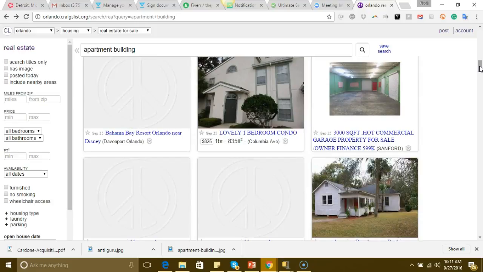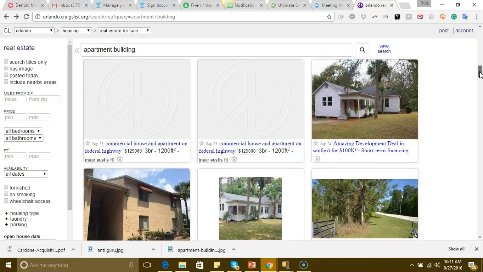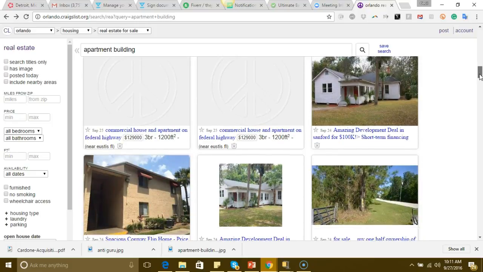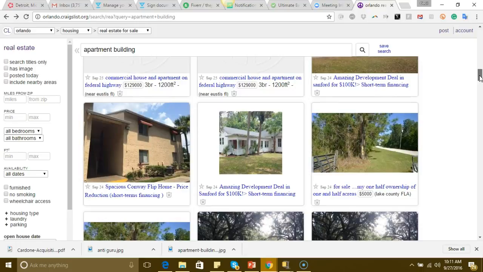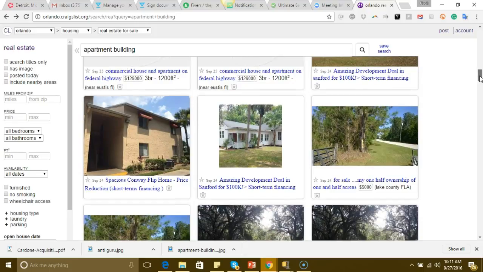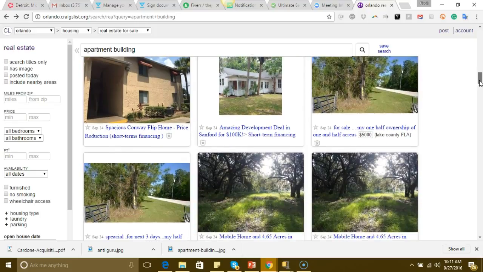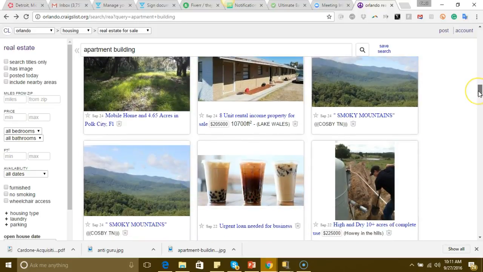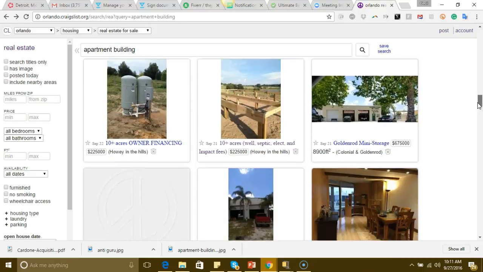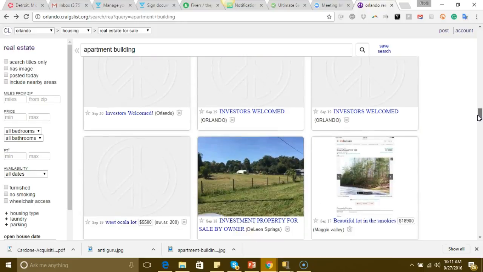Hot commercial garage property. No. Spacious Conway flip home price reduction. Short-term financing. Whenever you see financing, you kind of tend to want to take a look at that. But really, I just want to see if we have any multifamilies here.